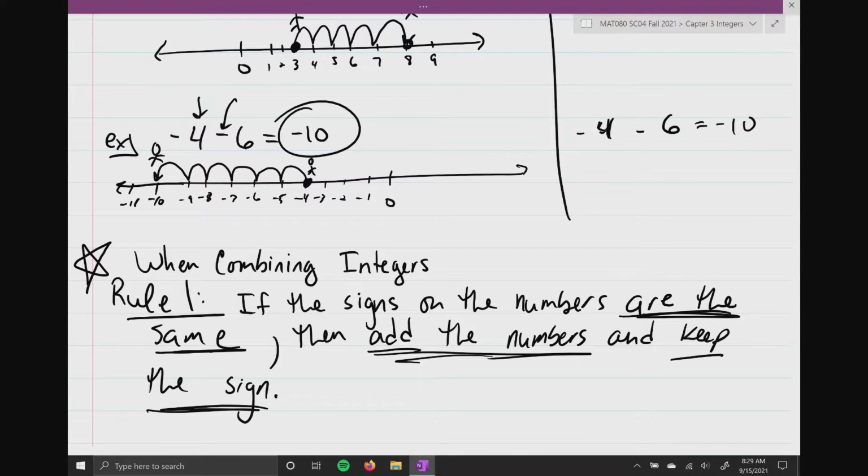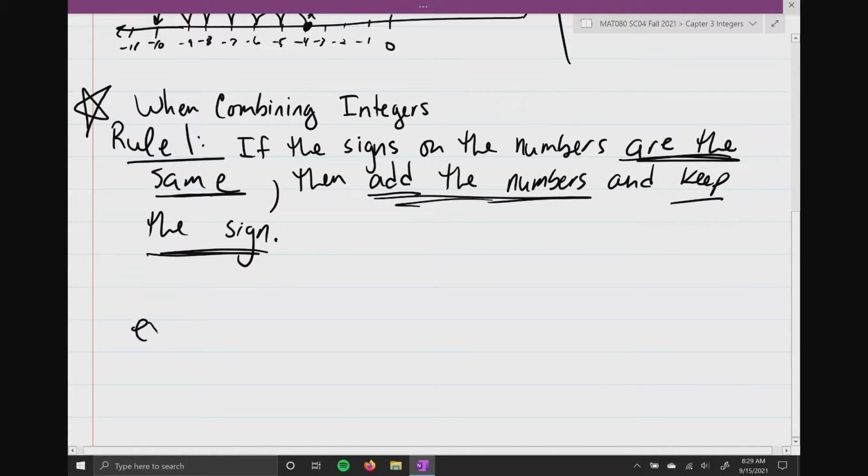It's not about just looking at your notes and replicating what we did in class. It is about understanding a rule and then applying it to a problem you've never seen before. For example, you've never seen this problem before. And that's okay. You have a rule.